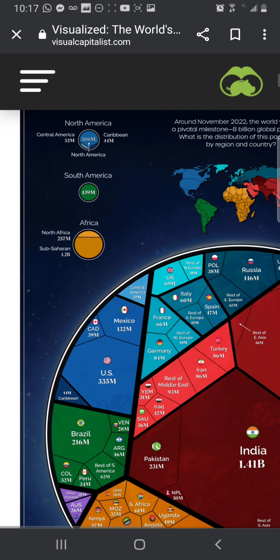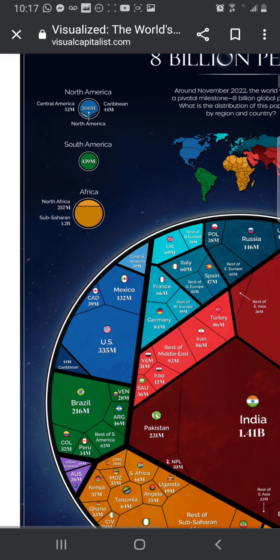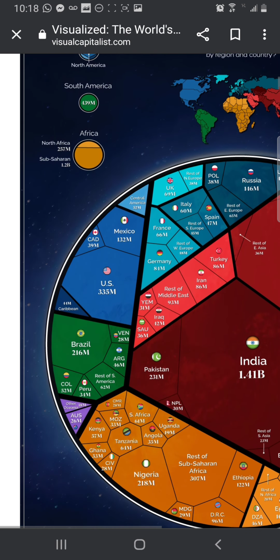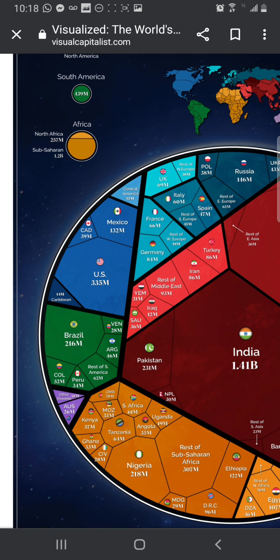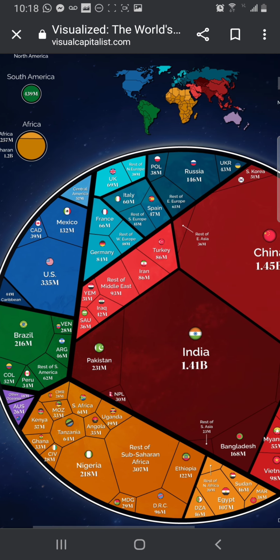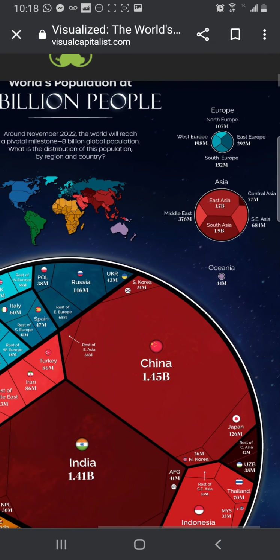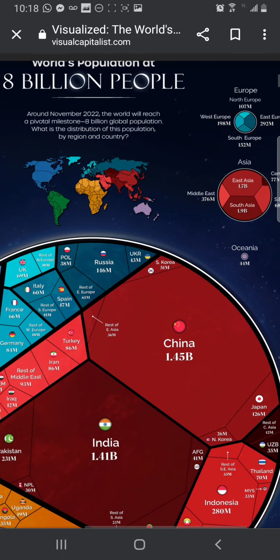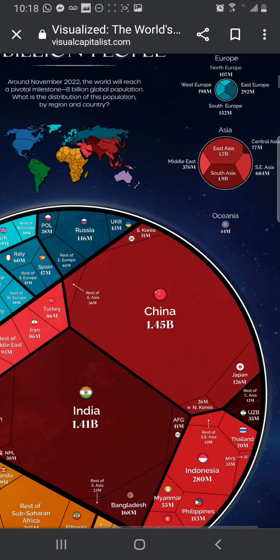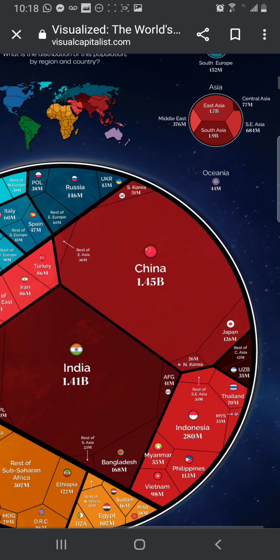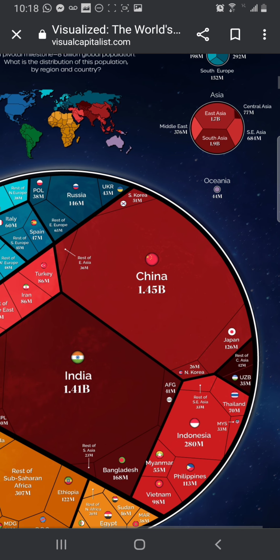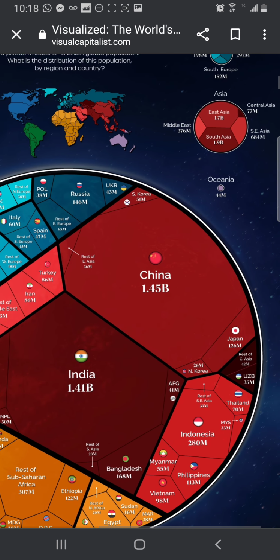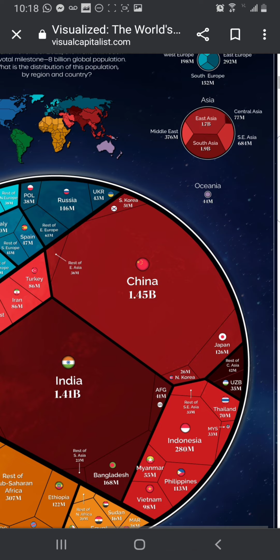As you can see, the blue represents North America, green represents South America, and the yellow represents Africa. Whereas the lighter side of the blue represents Europe, and the deep red represents East and Southeast Asia, Middle East, Central Asia.